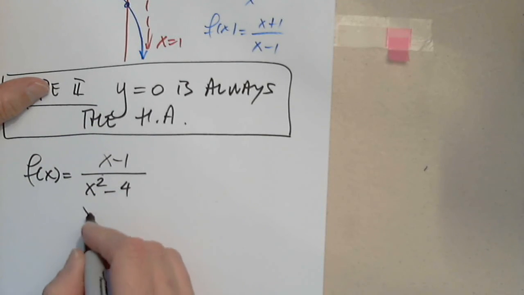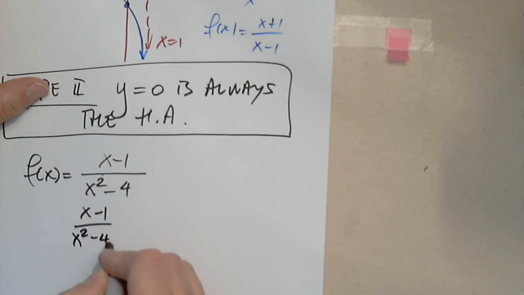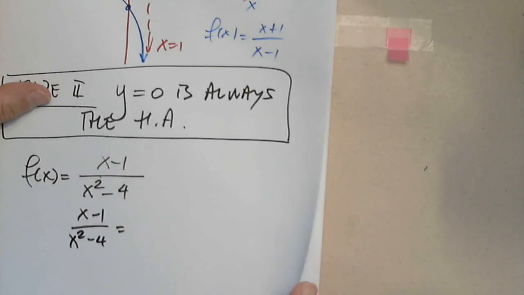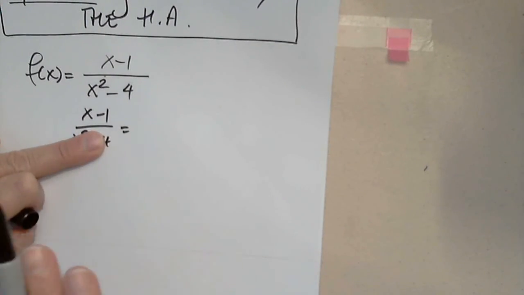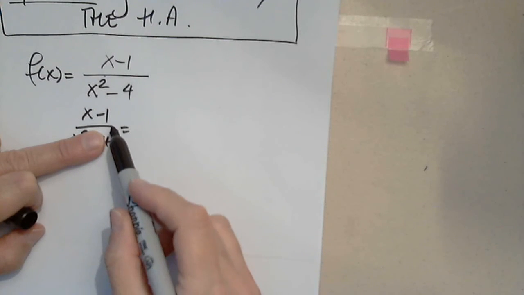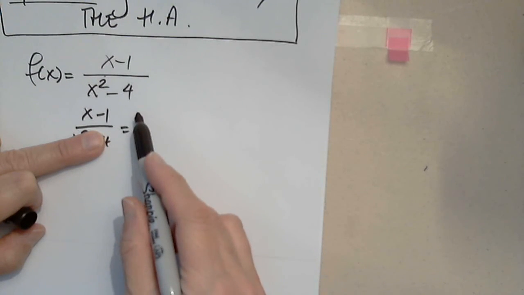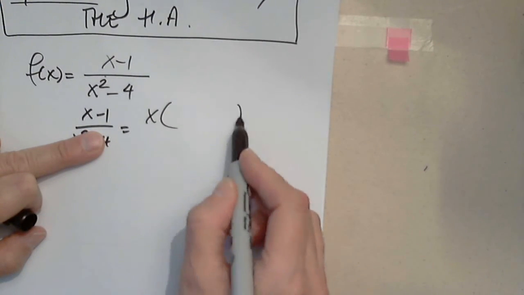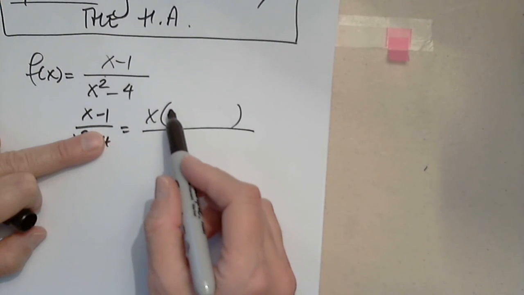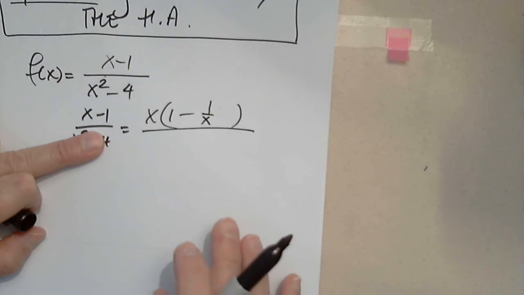So, like before, let's see what we have. What is the degree of the numerator? Disregard the denominator for a moment. The degree is 1. So I factor out the degree. Like before, I have 1 minus 1 over x.